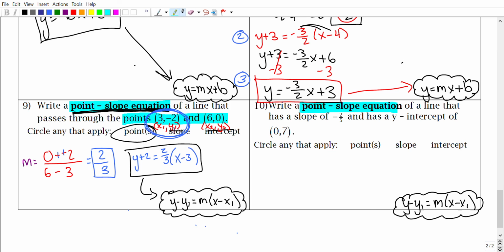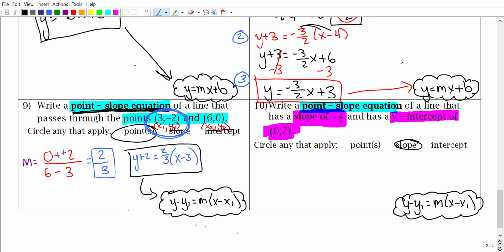That has a slope of -2/5 and a y-intercept of (0, 7). Okay, well, let's go ahead and circle what I was given. I was given a slope and I was given an intercept.